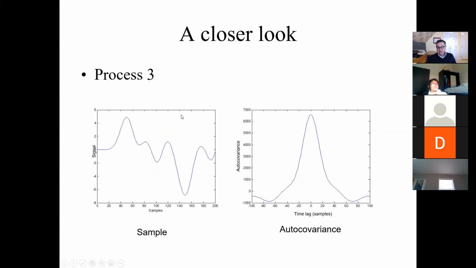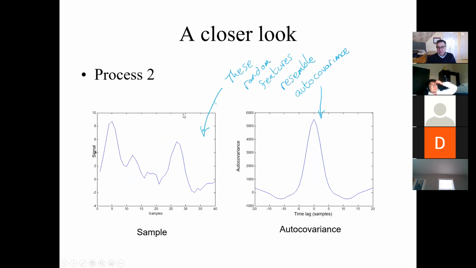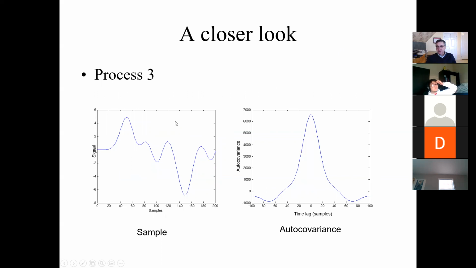And this, by the way, is also true when you apply this to images: you get random textures in images. The autocorrelation or autocovariance function, which is two-dimensional and an image in that case, generates features that look like textures. And by the way, that's a way that they generate natural textures, is to figure out an appropriate autocovariance random process model to generate things like marble or wood grain or things like that.